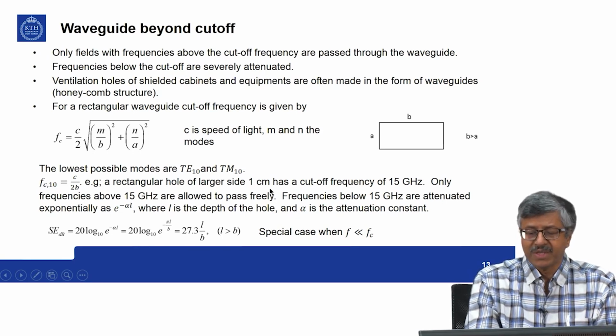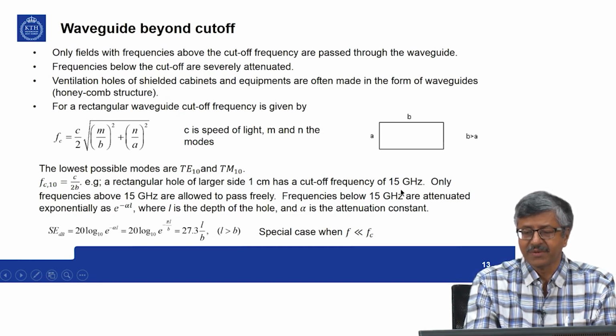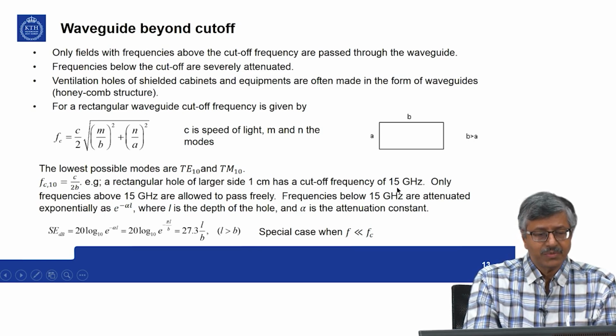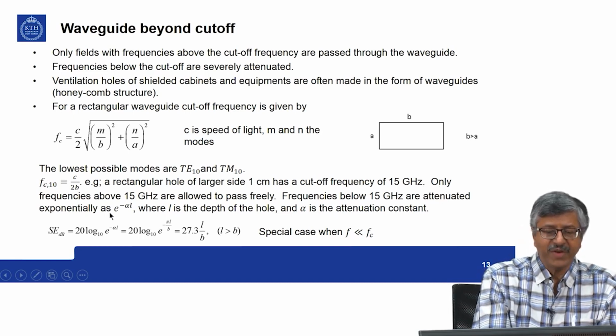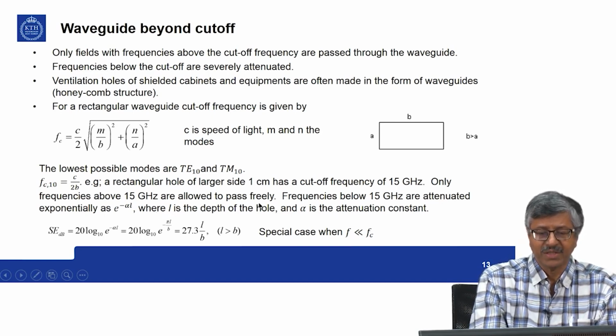So, that frequency is 1.5 into 10 to the power of 9. So, it is 15 gigahertz. Only frequencies above 15 gigahertz are allowed to pass freely.